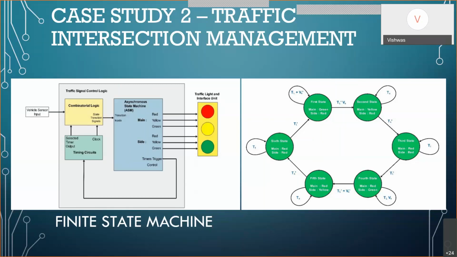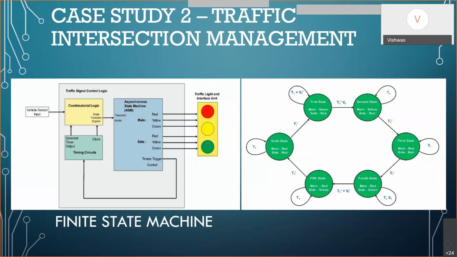The fixed control system works best in city central junctions, where the number of vehicles on either side of the road, like east, west, and north or south, are perfectly in balance. Then the fixed control system works perfectly fine. So for these kinds of fixed time control systems, we can use finite state machines, where the basic backbone is finite state machines.